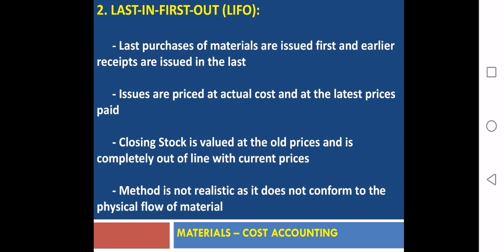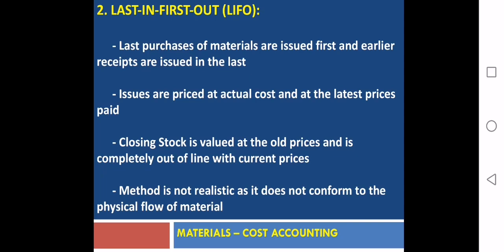So that 15th material is issued first in this method called LIFO, last in first out. The price is also taken in the same way. Means the earlier received stock, from the initial stages, will be lying in the stores, including the rate also.